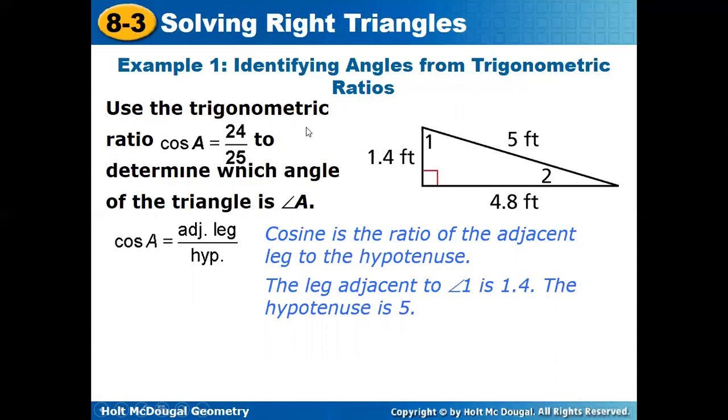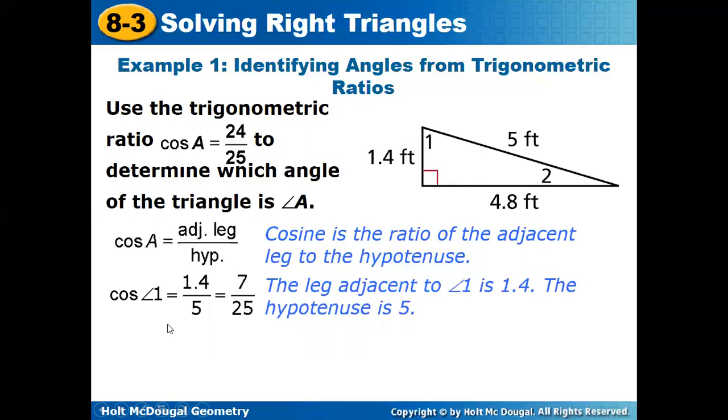So, if angle A is angle number 1, its cosine must be 1.4/5, which is 7/25. So, angle A is not angle number 1.